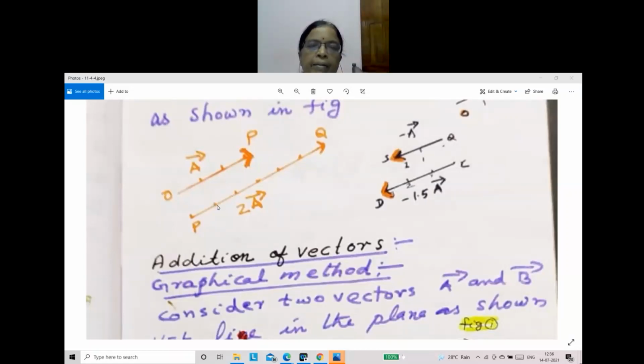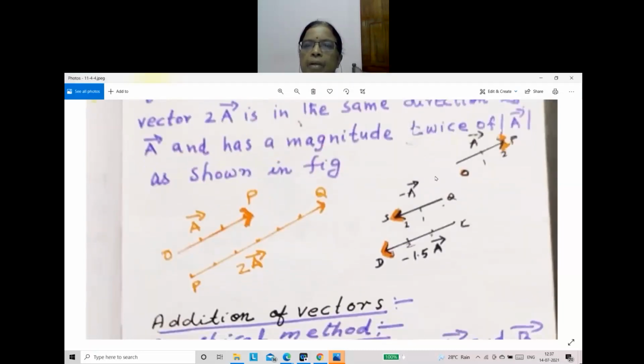So you have to take a scale, draw a line with 6 centimeter, and mark the direction so that these two are parallel, the same direction. So twice vector A will not change the direction, it will change only the magnitude. The magnitude of twice vector A will be 2 times this vector, but the direction will be the same. Then a minus vector is shown here.